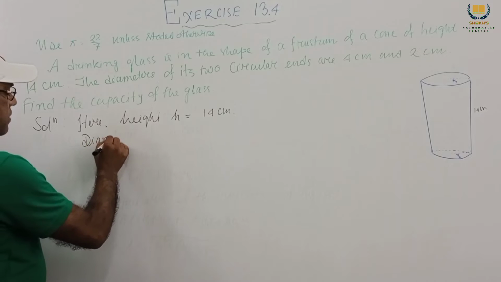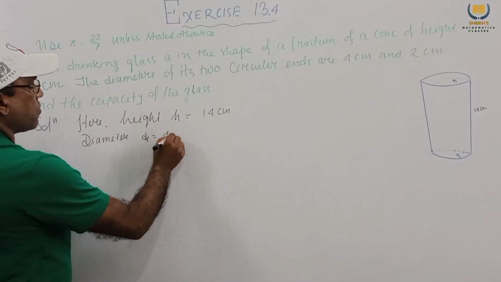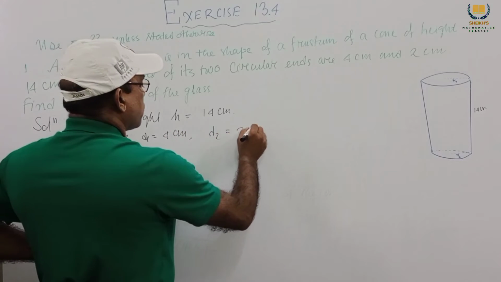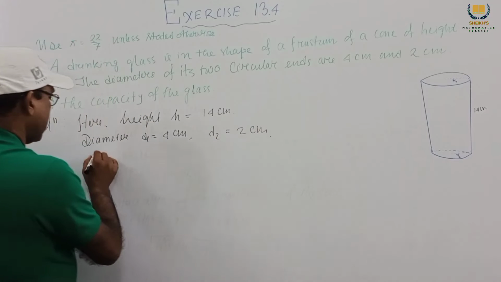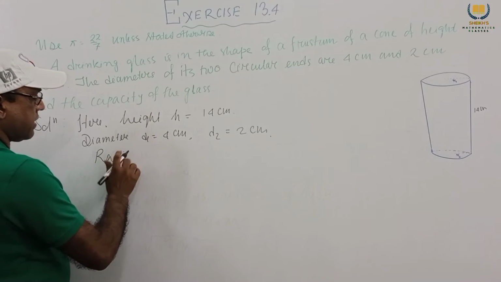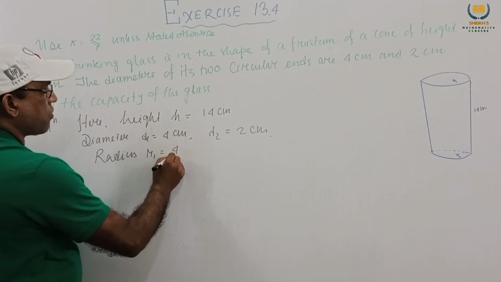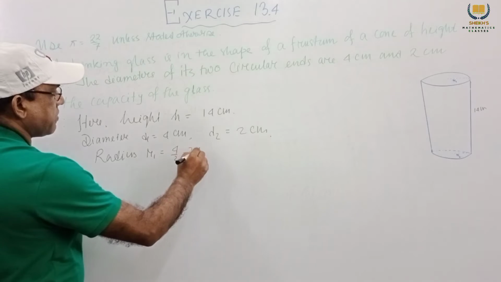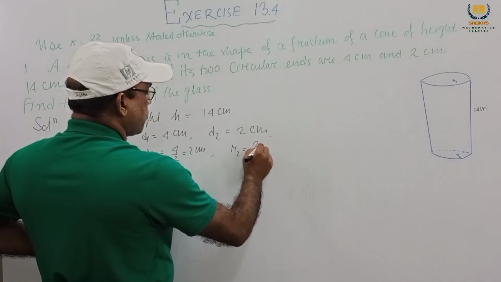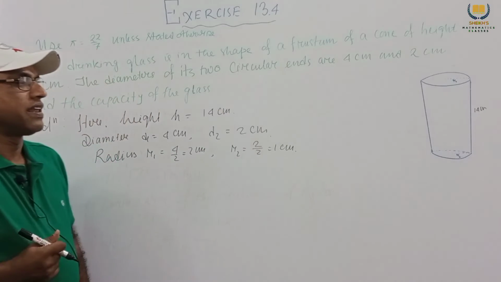Diameter d1 equal to 4 centimeter, d2 equal to 2 centimeter. Radius: r1 equal to 4 by 2, this is 2 centimeter, and r2 equal to 2 by 2, this is 1 centimeter. These are the radius.